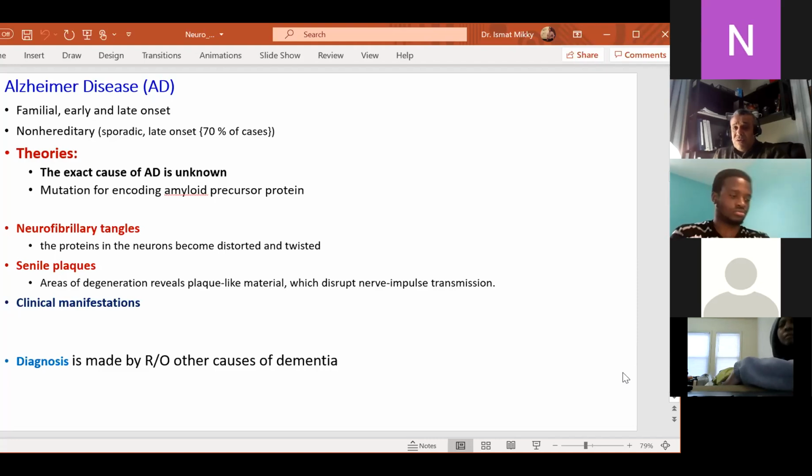And there is no confirmatory testing or diagnostic test that would confirm the diagnosis of Alzheimer's disease, except the autopsy, which means that we can confirm 100% that this patient was diagnosed with Alzheimer's disease just by doing the autopsy. Otherwise, it's all done by exception, or by ruling out other causes of dementia. That's about diagnoses.